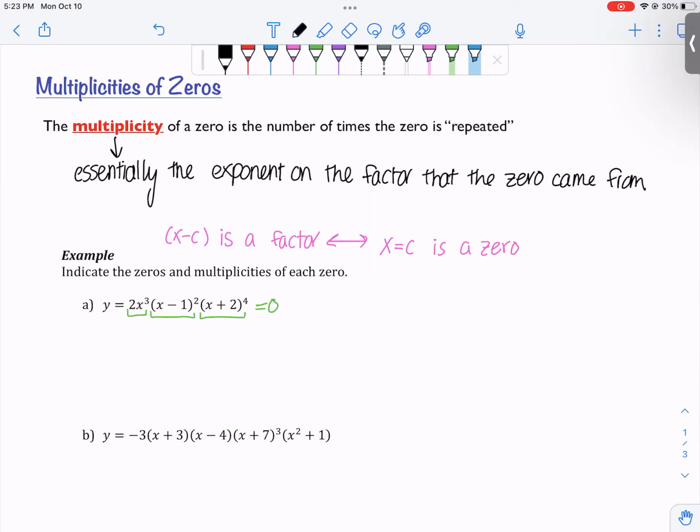So I would say x minus 1 equals 0, and that gives me x equal to 1 is a zero. For the third one, we would have x plus 2 is equal to 0. That's why x is equal to negative 2. For this first one here, 2x cubed is equal to 0. The only way that 2x cubed could be 0 is if x is equal to 0.